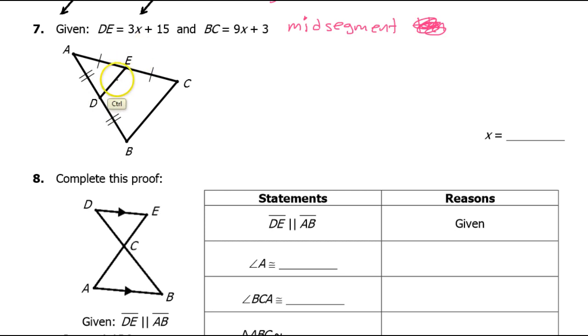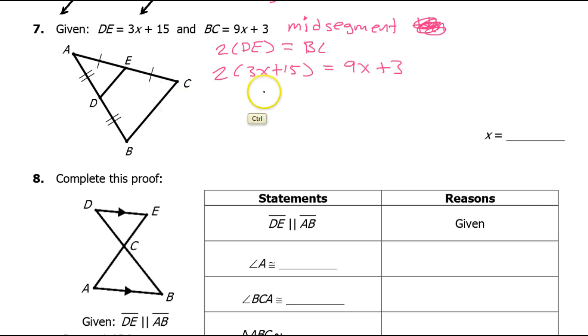And the thing is, we have learned that the mid-segment is going to be half of this parallel side. So, if I were to double the mid-segment, if I took DE and I double it, then it should equal the parallel side BC. So in other words, if I double the 3x plus 15, that should equal the 9x plus 3. That's how mid-segments work.